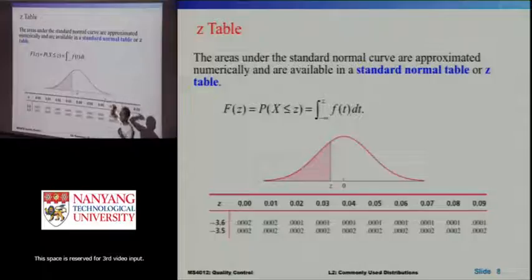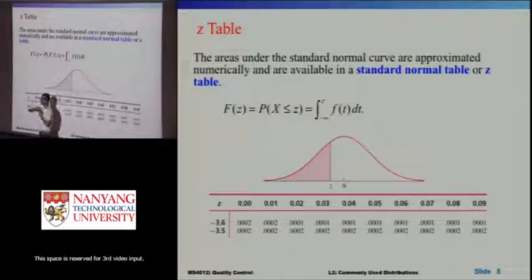Exactly the question that we learned in tutorial 1, question 6, right? Then we can see we get this one. For this table, the first column is the first two significant digits of z, and the top row is the third significant digit of z.